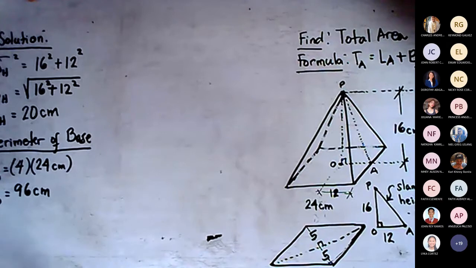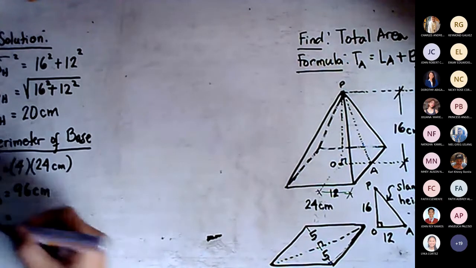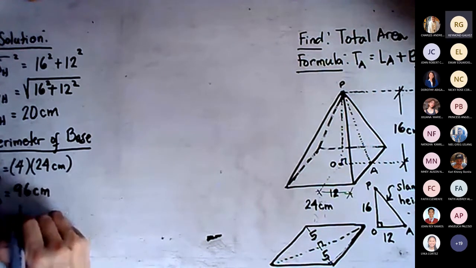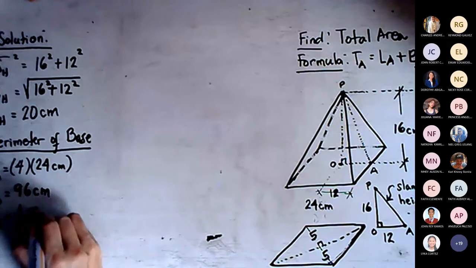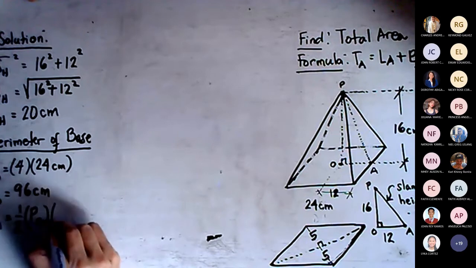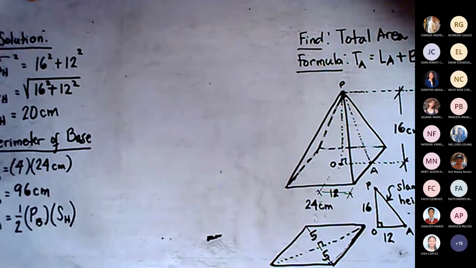According to theorem number 1, the lateral area is equal to what? Sum of the areas of the lateral faces po. The lateral area is equal to 1/2 times the product of the perimeter of the base multiplied by the slant height.